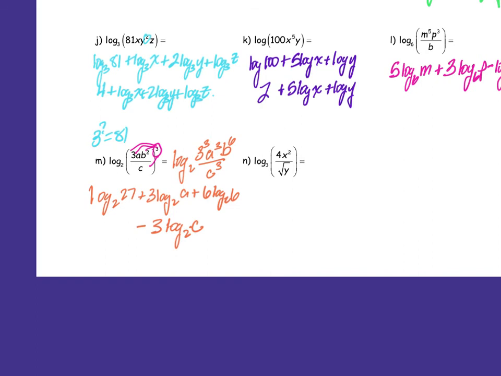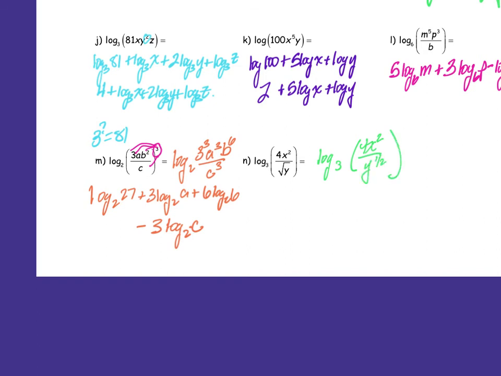Okay. And on the last one, I have this lovely square root. And remember, I have to rewrite all square roots into exponential form first. So this would become log base 3 of 4 to the x squared all over y to the 1/2.